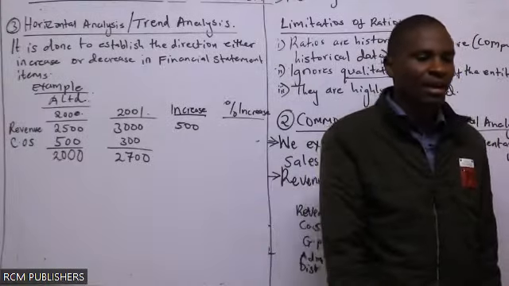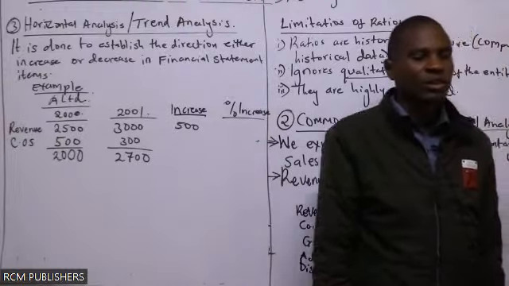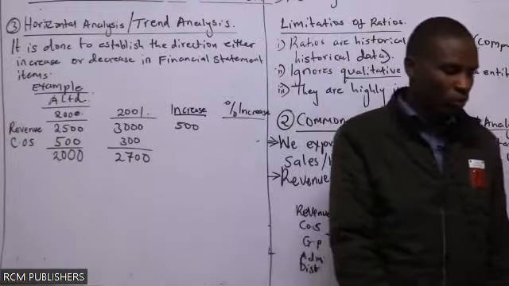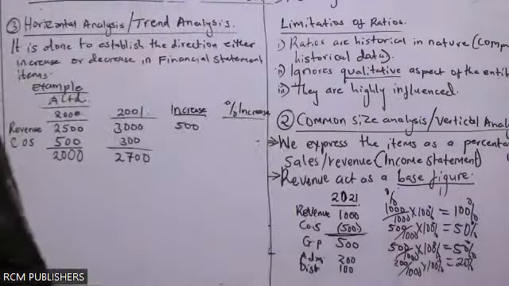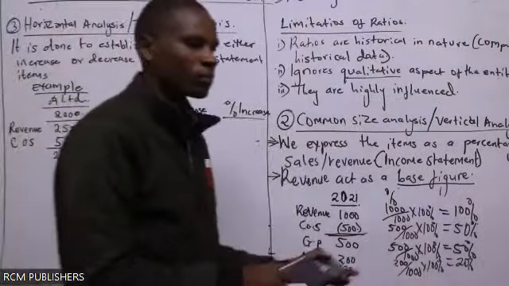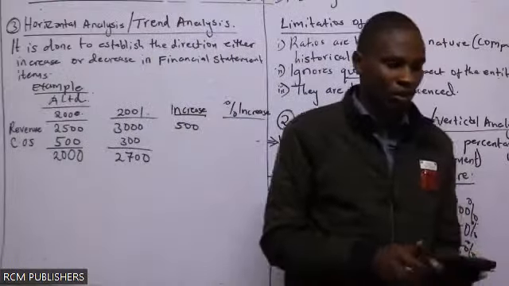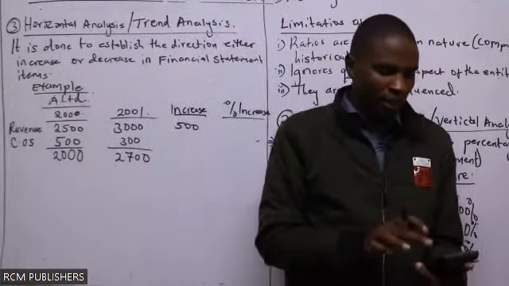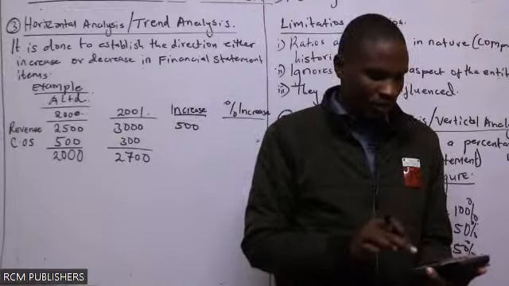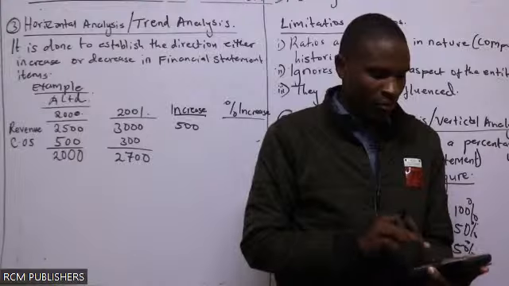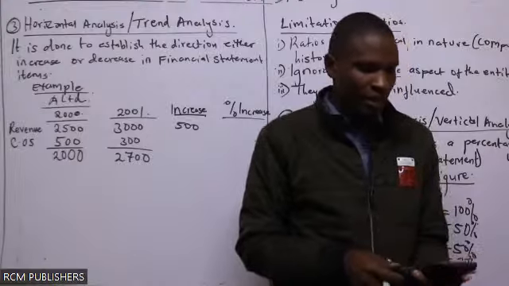I can see Grace is giving us 20%. Is there someone else to confirm this? Yes, still giving me the same. This is 500 divided by 2,500, and then I multiply this by 100.